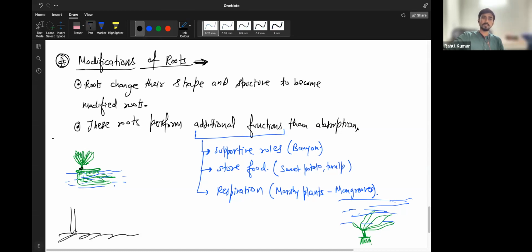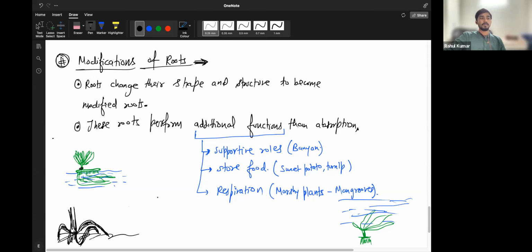So the roots come out from the ground and are exposed like this. Have you seen these kind of roots? They are called mangroves. So it's very difficult to walk through a mangrove because there'll be lots of roots making a network. And these roots help in respiration for the plant. Is it clear?